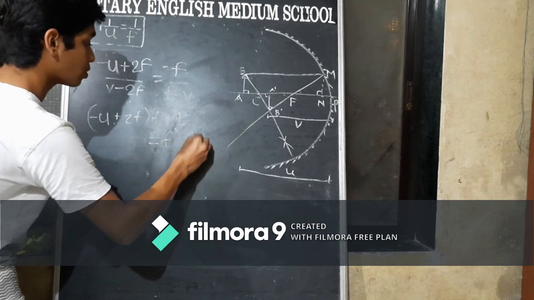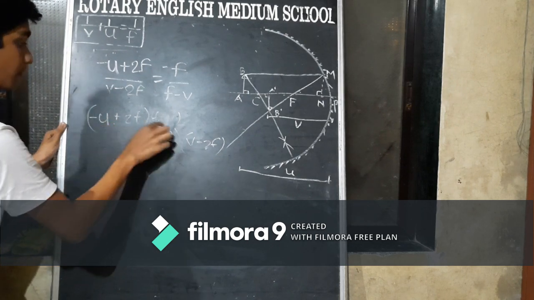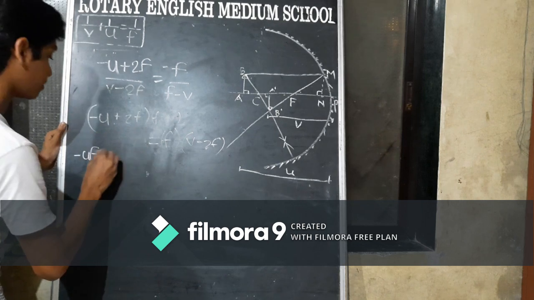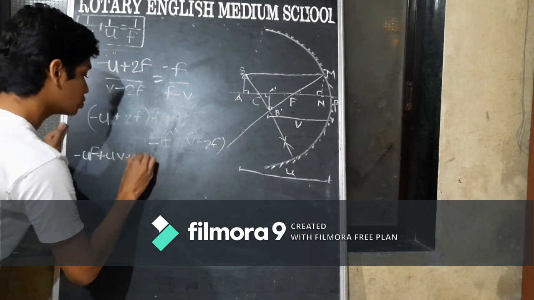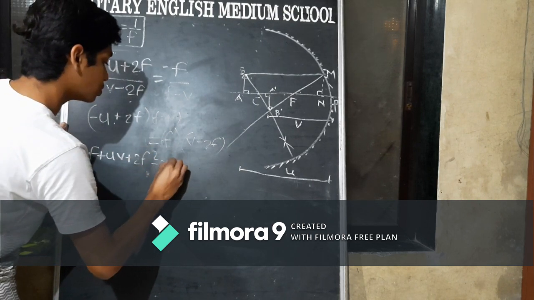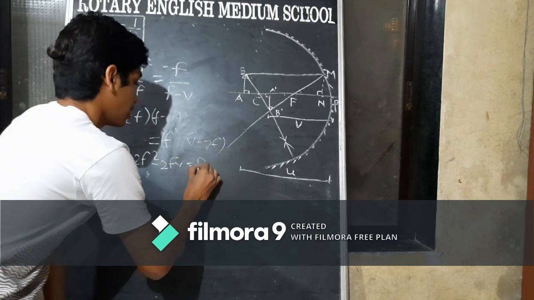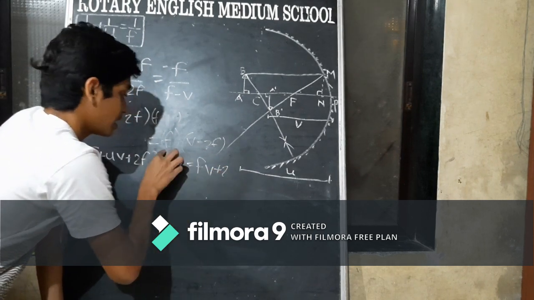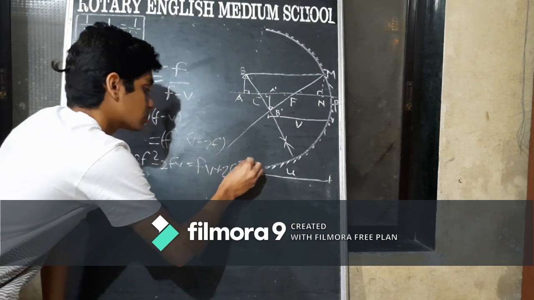So this will be minus UF plus UV plus 2f square minus 2FV equals minus FV plus 2f square.